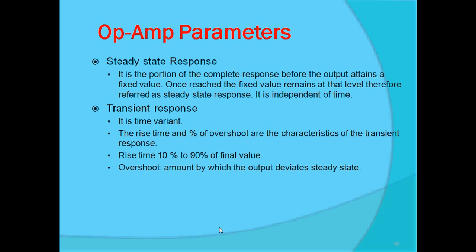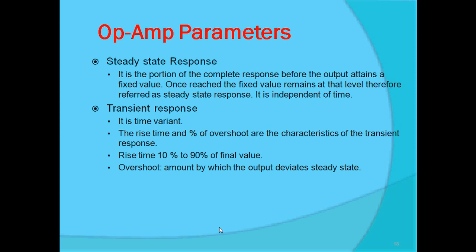In another way, rise time is the time required for the output to go from 10% of the final value to 90% of the final value. And overshoot is nothing but the amount by which the output deviates from its steady state value.